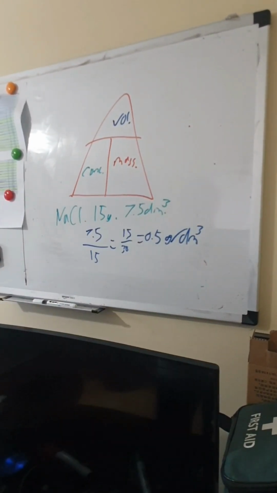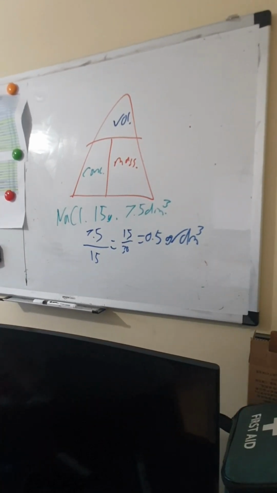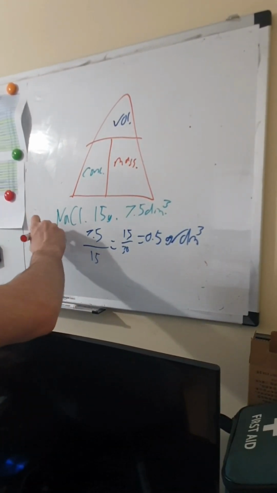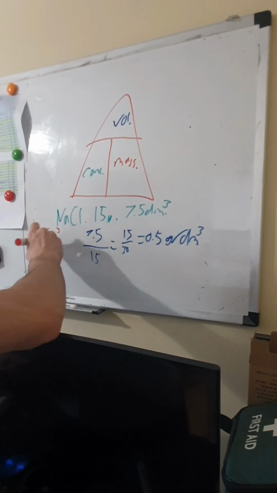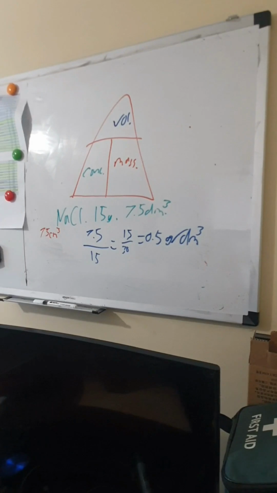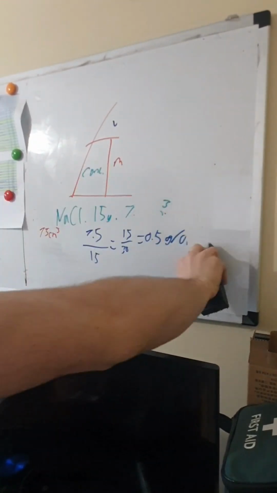We found the concentration, we've got a unit, and hopefully that's 3 marks. Remember, if you've got conversion, that could even easily be another mark on top. Say if it had 75 centimeter cubed, we know that 1 decimeter cubed is 1,000 centimeters cubed, so we do 75 divided by 1,000, and that gets you to decimeters cubed. So that could be easily another mark on top.